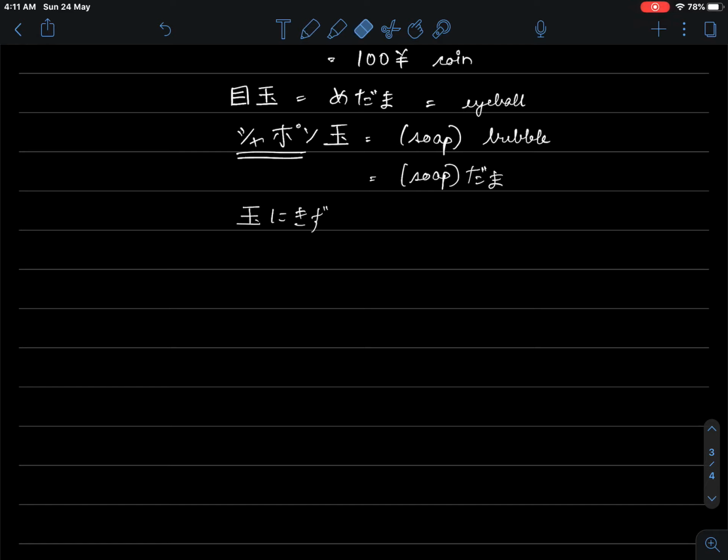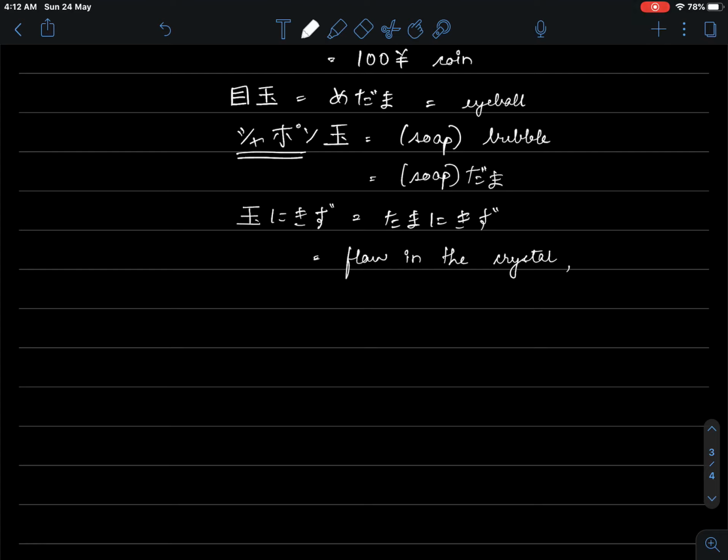Okay, let me rewrite that a bit properly. Yeah, so this will be read as tamani kizu, which means literally flaw in the crystal.